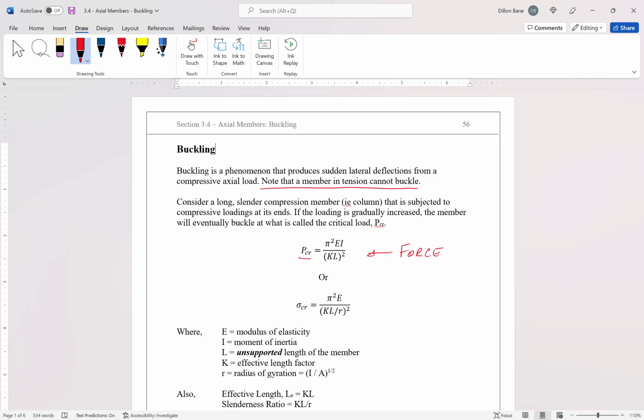Okay, it's a very theoretical equation, and it's based on a lot of partial differential derivations that we're not going to really spend our time in class going over.